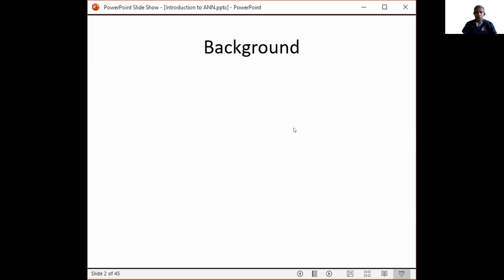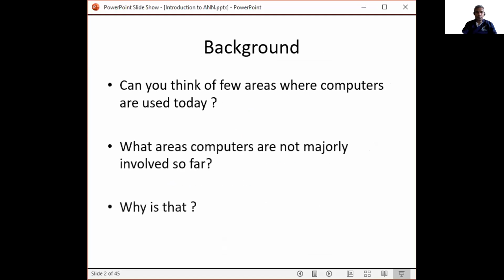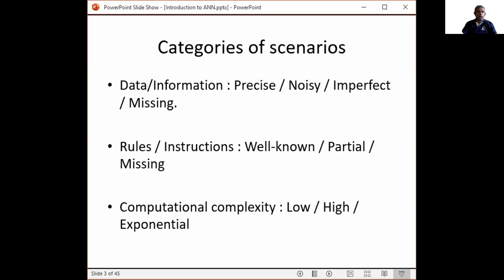At the beginning, I told you there are certain places where computers are used and certain places where computers are not used. And these are some of the facts that divide these two categories. Sometimes you have very precise data, sometimes you don't have precise data. Sometimes rules are known, sometimes rules are not known. And also the computational complexity is again an issue.